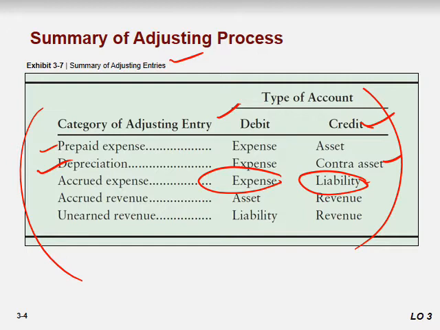Accrued revenue is debited against assets and credited against revenue. Unearned revenue is debited to liability and credited against revenue.